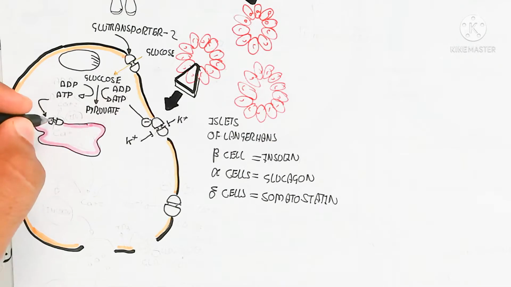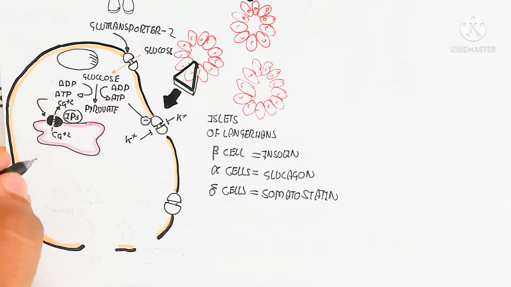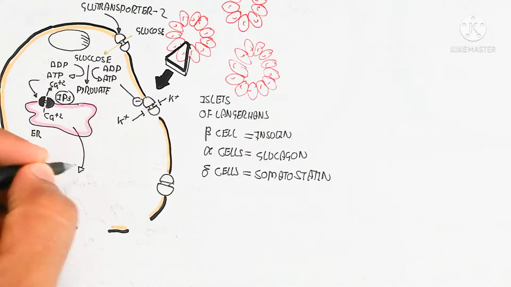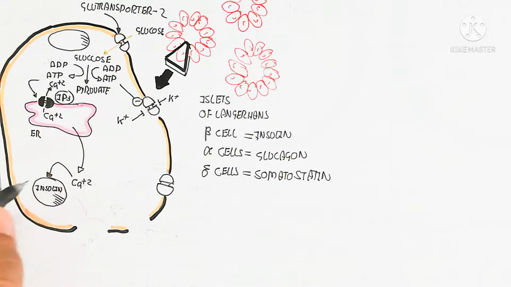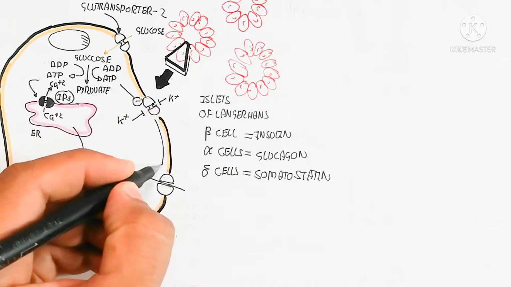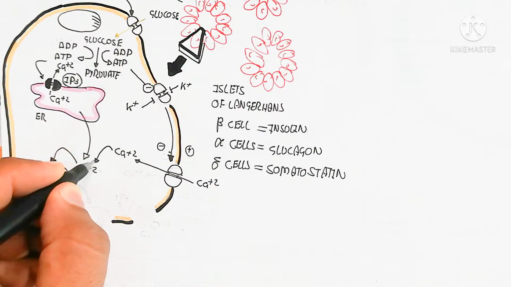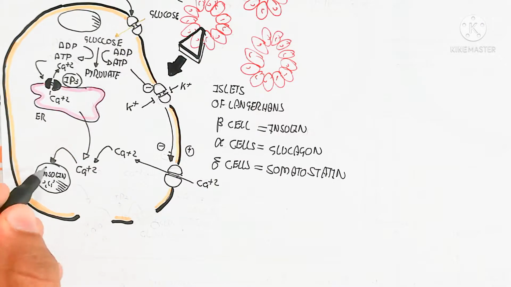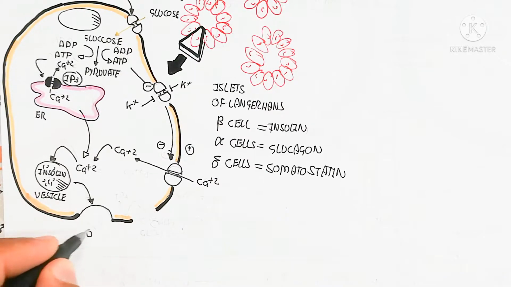So it means the charges will change. In this way the inside will become more positive, because the efflux of potassium will not occur. The endoplasmic reticulum is also triggered by the release of IP3, inositol triphosphate, which binds to the IP3-sensitive calcium channel, and calcium effluxes from the endoplasmic reticulum.